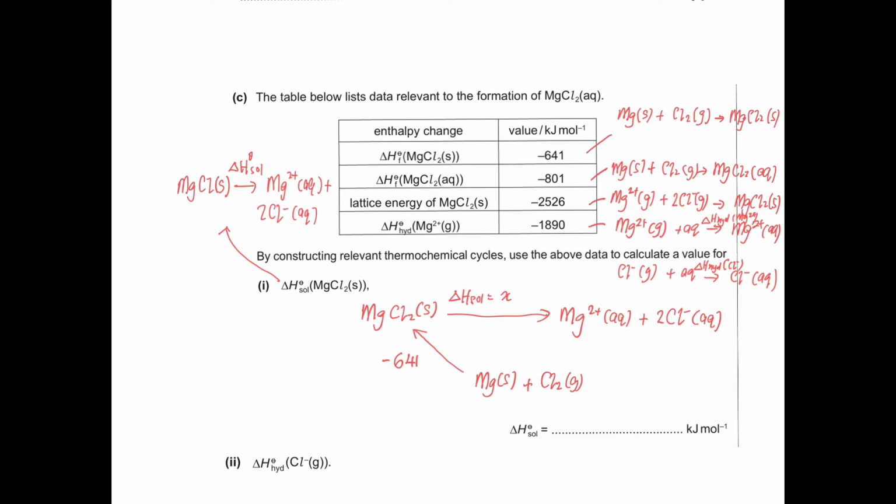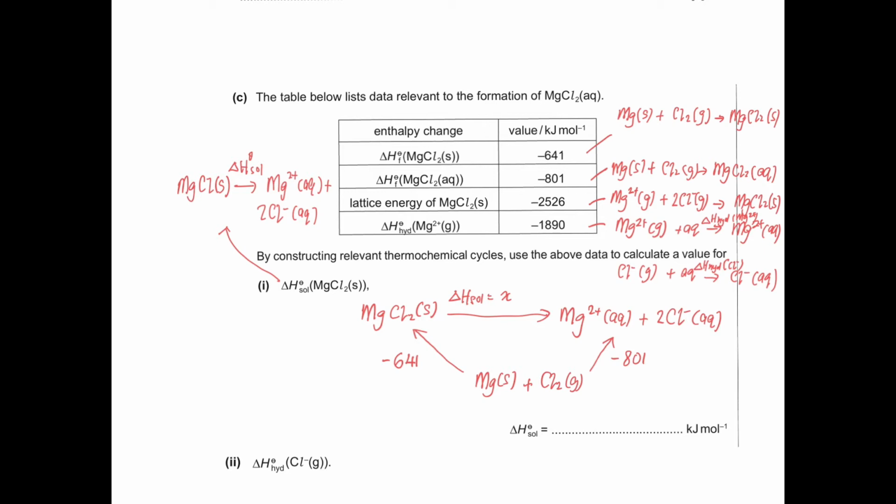I'm going to put an arrow here from the elements in room conditions to ions in aqueous. That is the formation of magnesium chloride aqueous. The value involved here is minus 801. Now in order to find X, we have to use Hess's law.